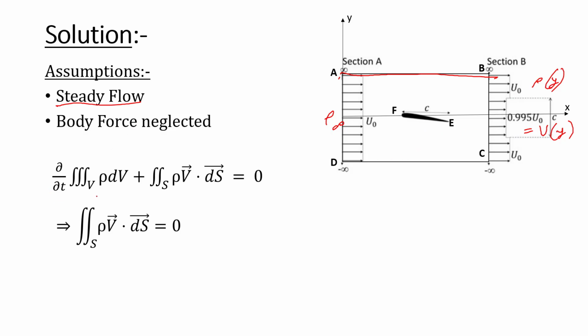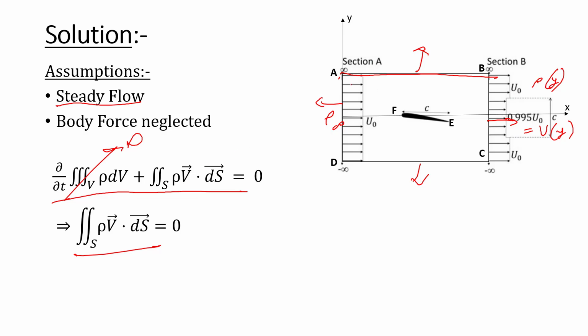First, we will take the continuity equation. As the flow is steady, the first term will become 0, so the equation will become like this. We will write this equation for all the surfaces of the control volume. For the surfaces, we first see where the normal is. The normal of the surface is outward from the control volume.